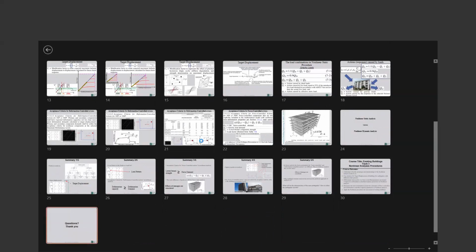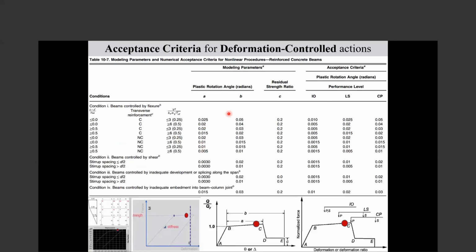Here, for example, these values that we have for the new buildings and for the existing buildings can be somehow different. Usually for new buildings, they use a more conservative approach, because for the existing building we have more information about the dimensions of the elements, about the material, and the arrangement of reinforcement.